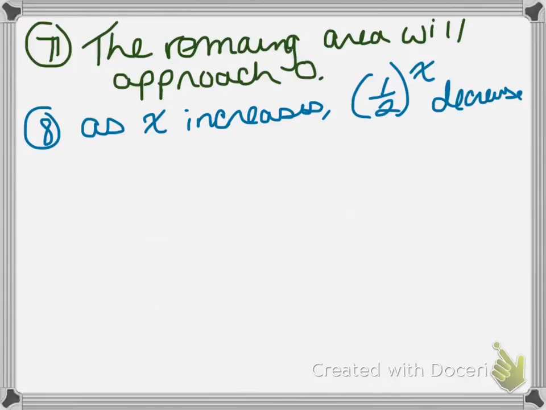So as you increase the exponent, when you have a fraction, your value overall decreases, and if it decreases, it approaches 0. So we're getting smaller and smaller. We're never going to reach 0 shaded squares. There's always going to be a square left to cut or draw in half.